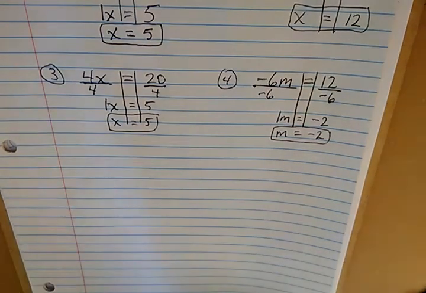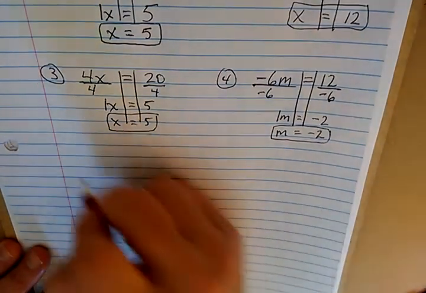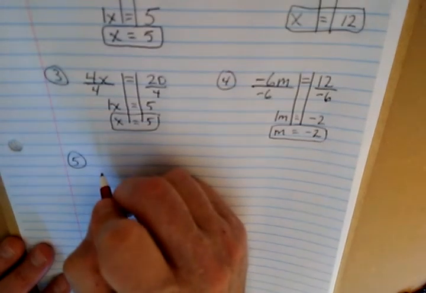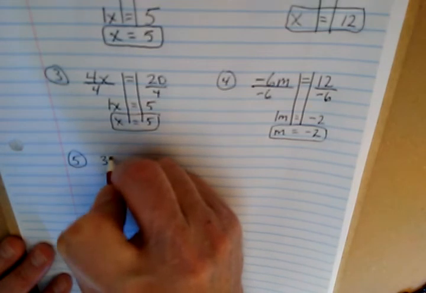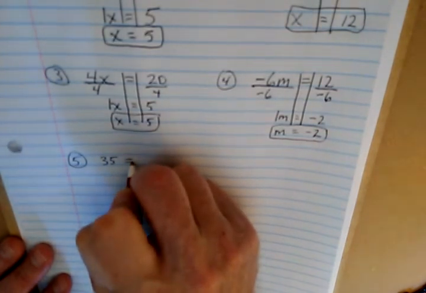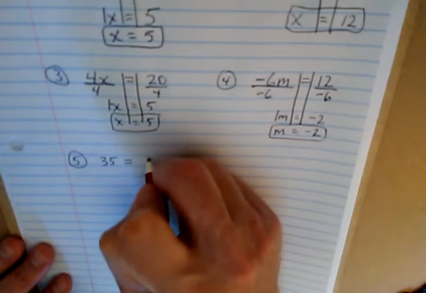All right, I think you can see the pattern now. I'm going to give you a couple of problems to do, and I want you to try these on your own, and then after you've solved them, you can turn the video back on and see if you got the answers correct.